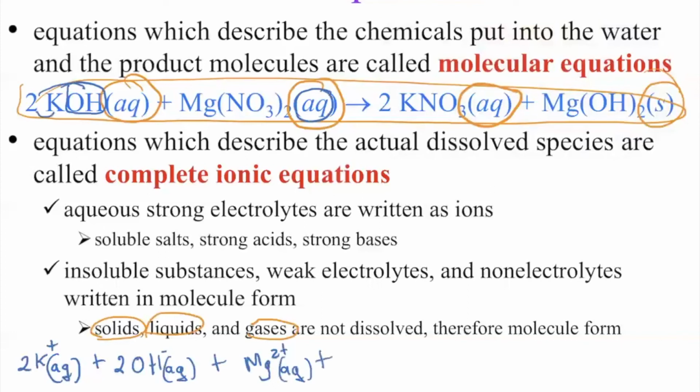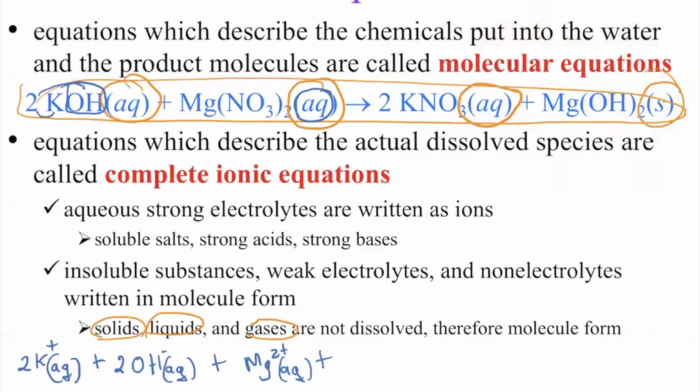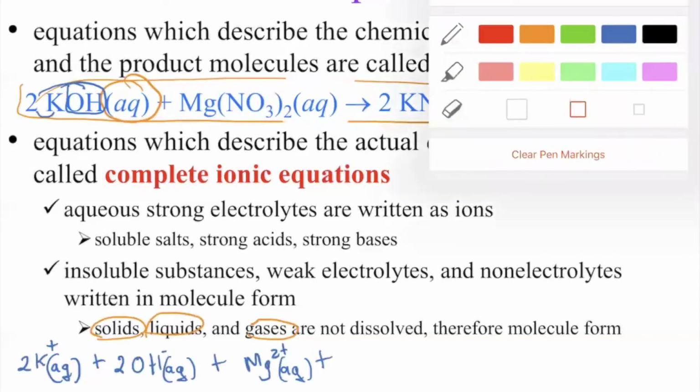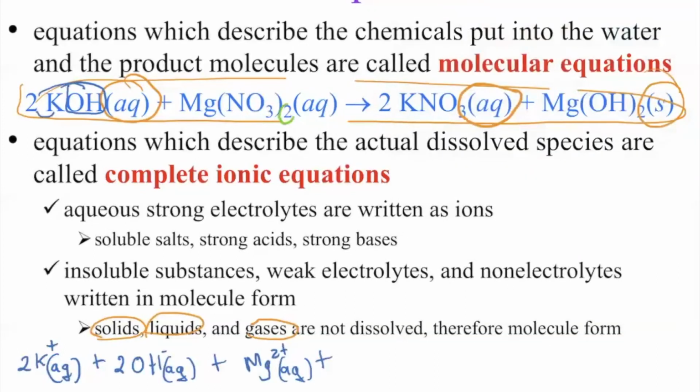Then notice what I'm gonna do here, and this is important, that I have 2 nitrates. So this 2 is actually going to become a coefficient 2, nitrates, NO3 negative, and I'm gonna write aqueous. Then you move on to your products.